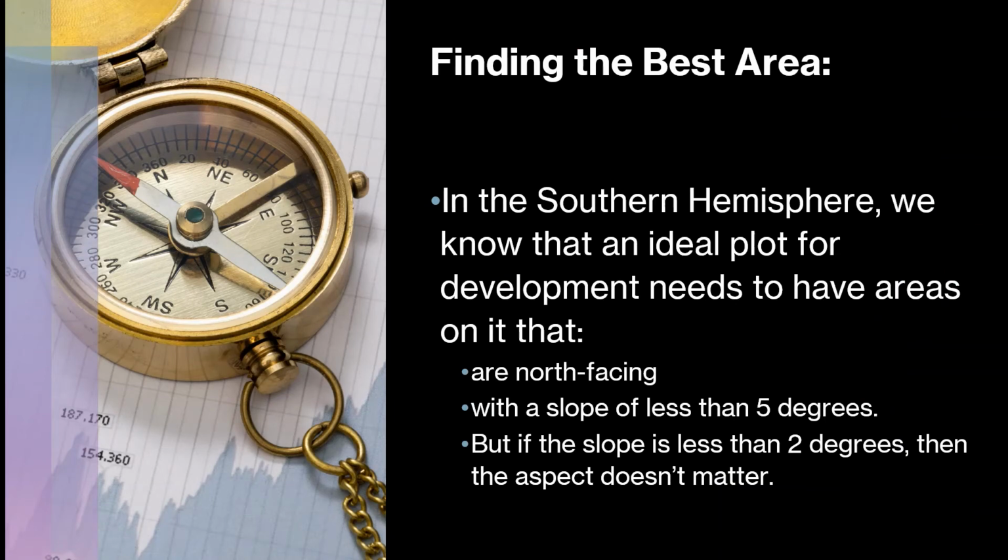Let's talk more about the problem of finding best area. Suppose we are in the southern hemisphere of the Earth, and we know that an ideal location for development will be the area with the following 3 conditions.